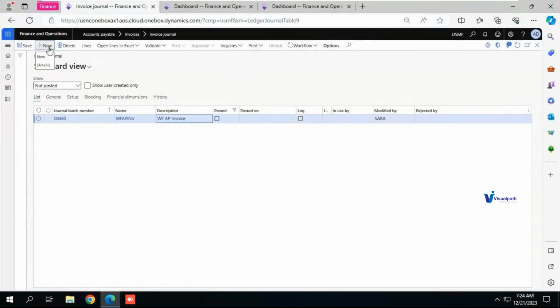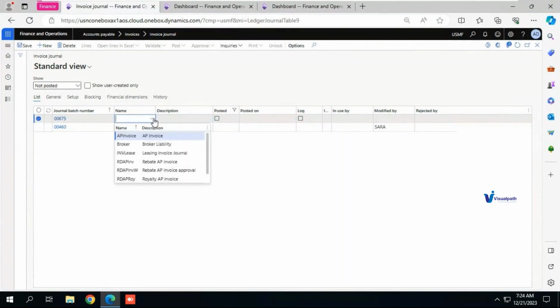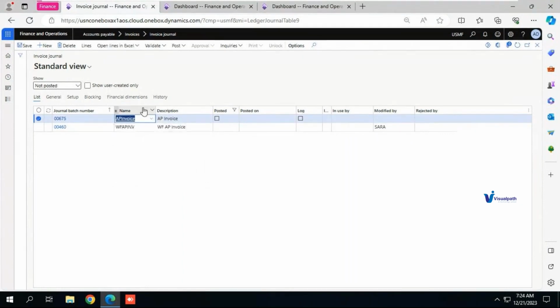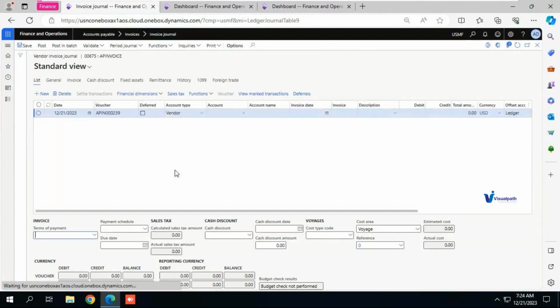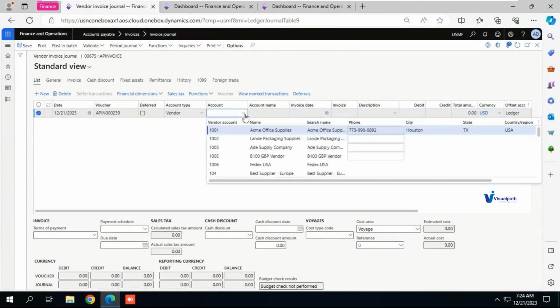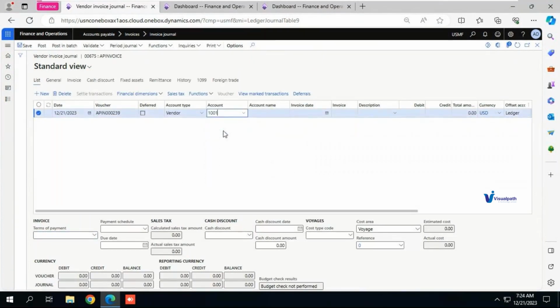Click on the new button, select the journal name, click on the lines button, select the vendor, click on tab, and the invoice date is mandatory, invoice date and invoice number.